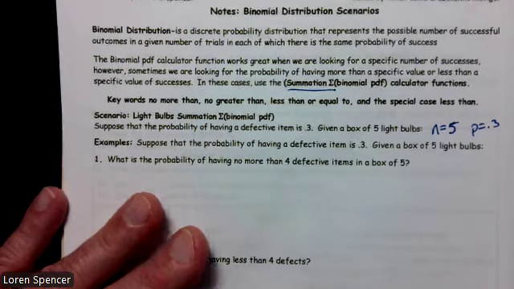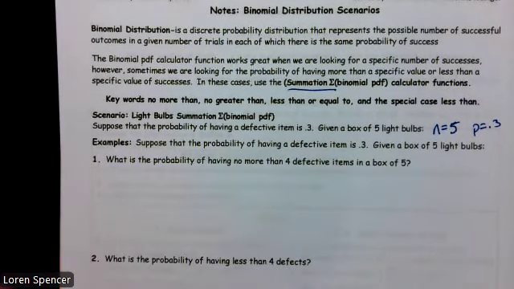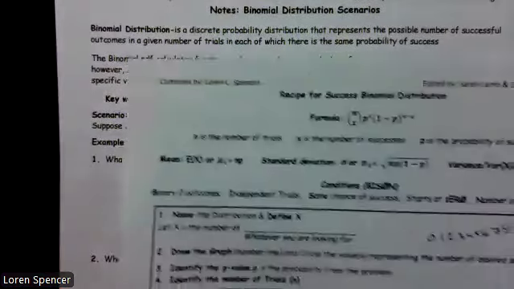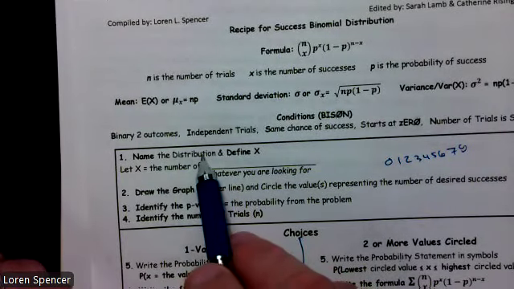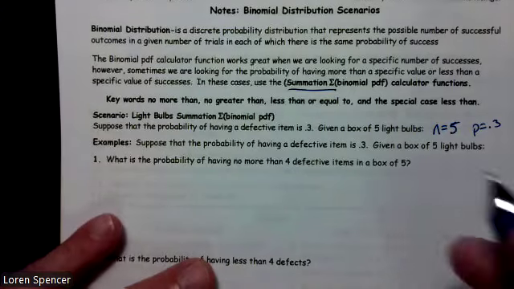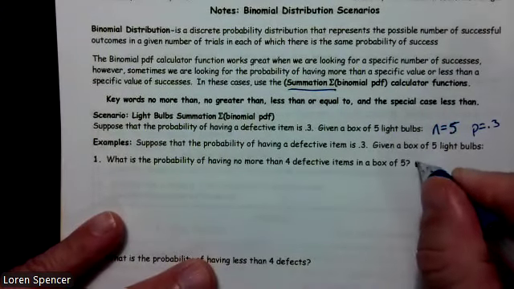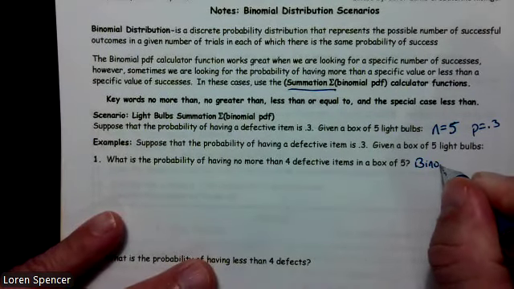We still need to start off the same way when we look at our recipe: name the distribution and define X. It's a binomial. Yay us.